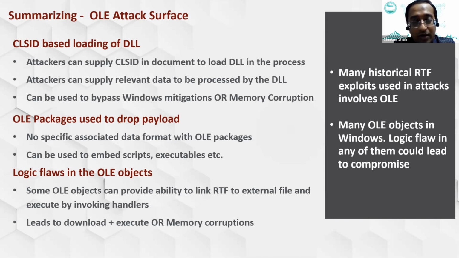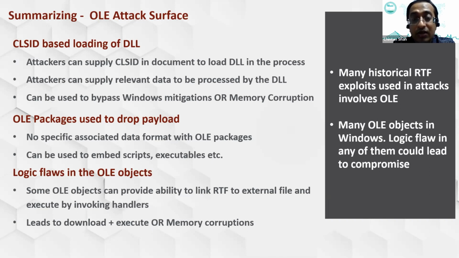Another attack vector in the OLE objects is logic flaws, primarily. There could be parsing logic flaws in the OLE objects. For instance, there could be an OLE object which can process your XML data, right? If there is any parsing flaw in that OLE object, it could lead to an Office compromise.